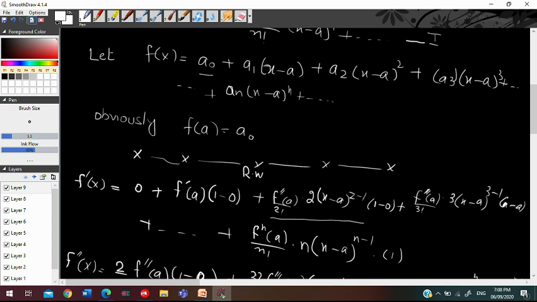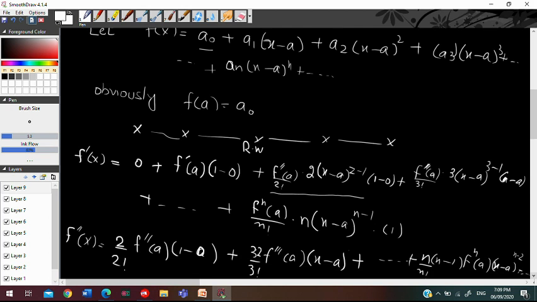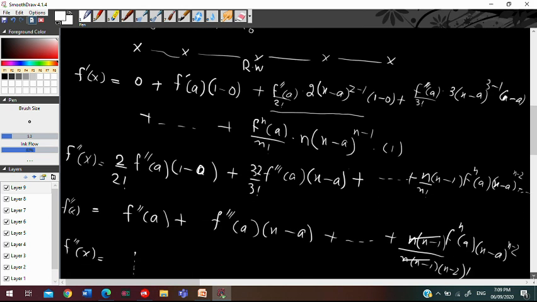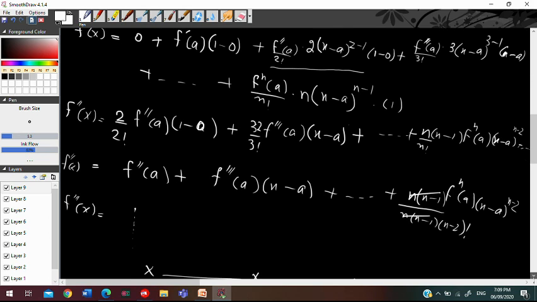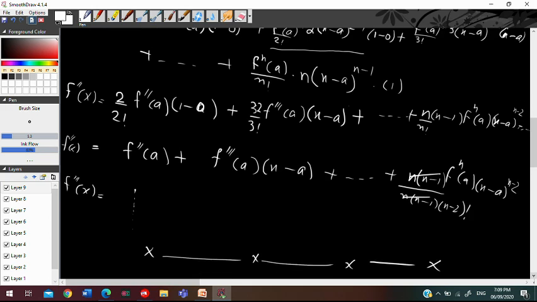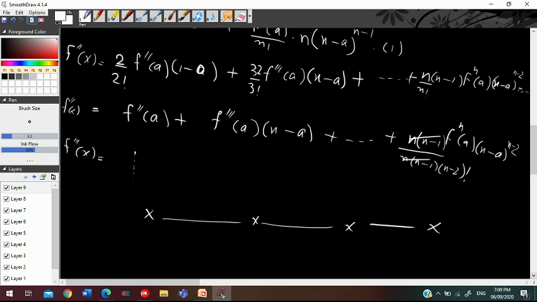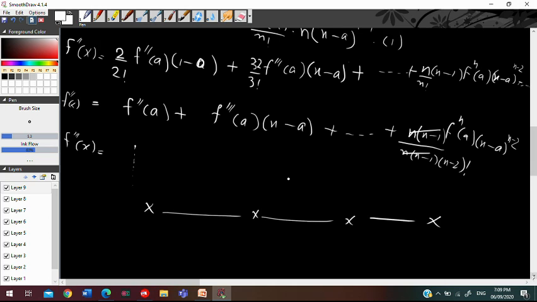This is what I want to show you, how we get all these values. If we put x equals a, all these values will vanish.